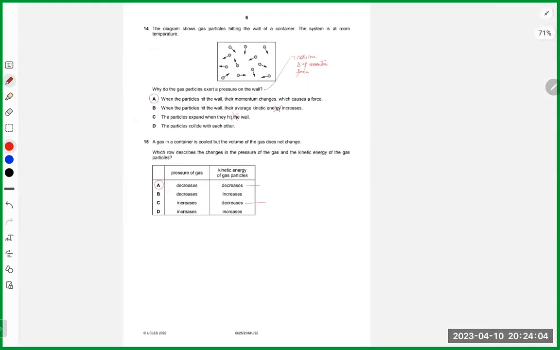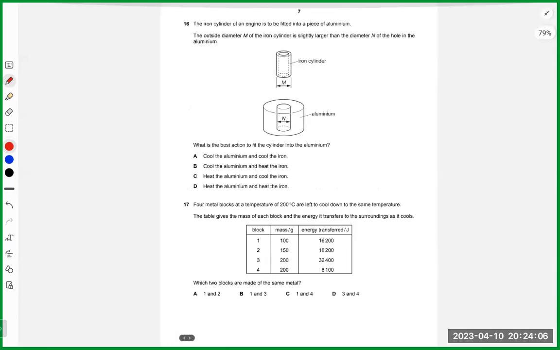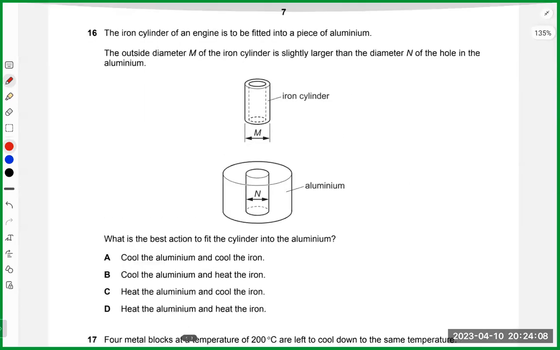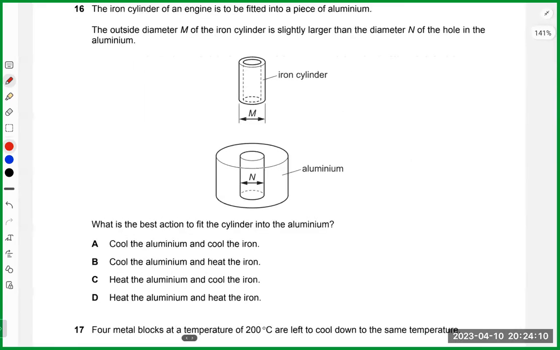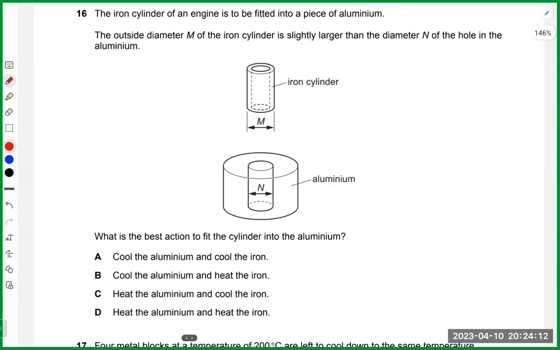Okay, now the iron cylinder of an engine is to be fitted into a piece of aluminum. The outside diameter M of the iron cylinder is slightly larger than the diameter N of the hole. So what is the best action to fit the cylinder?